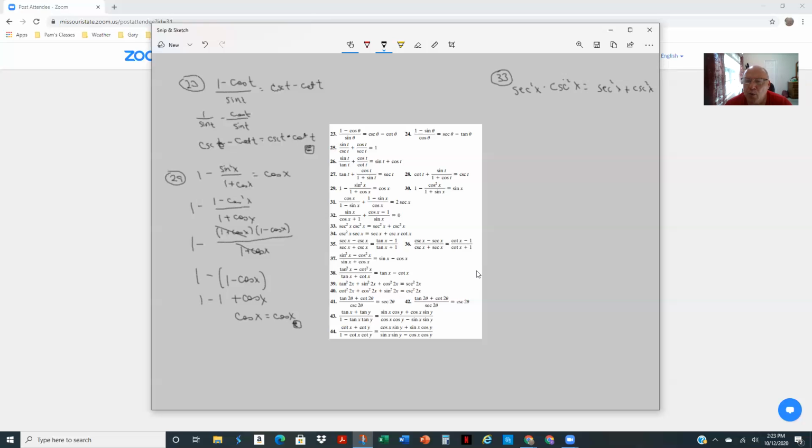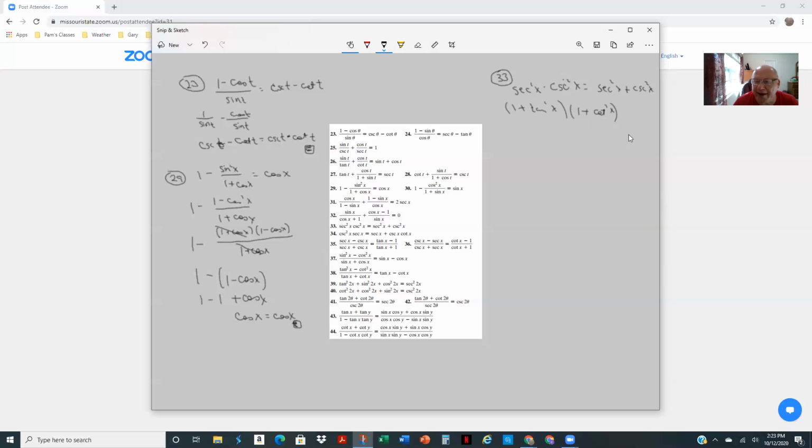Well, we do know that the secant squared is the same thing as 1 plus tangent squared, and we know the cosecant squared is 1 plus cotangent squared. So this one is 1 plus the tangent squared of x, and this one here is 1 plus the cotangent squared of x. That's the other form of the Pythagorean identities.